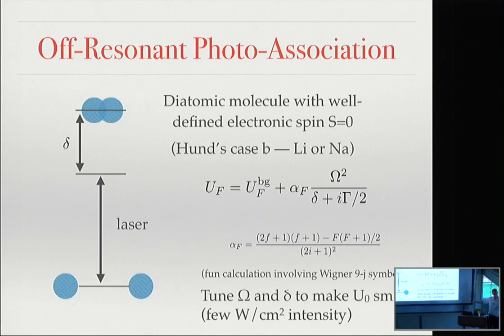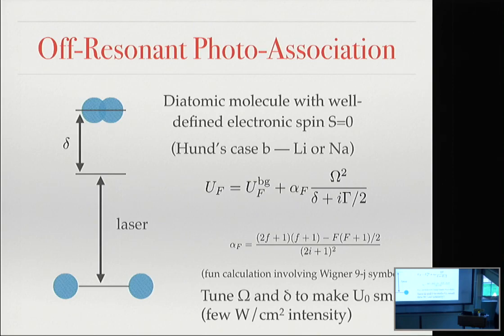With the caveat that there's a lot of stuff going on in the molecular physics, and the likelihood of having a single line that you're coupled to is pretty low, etc. But if you're really naive and just do second-order perturbation theory, you're going to get a shift of your on-site interaction by some coefficient.